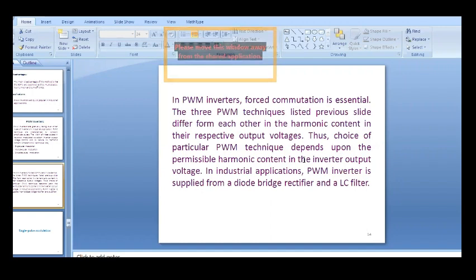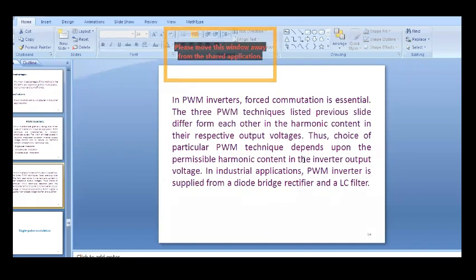So in power electronics, once we use the PWM inverter, we see how we get the output of the inverter and how much harmonics will be generated. The harmonics totally depend on the technique, as here also harmonics will be generated, thereby the selection is needed. As you know, there is single pulse modulation, multiple pulse modulation, and sinusoidal pulse modulation.